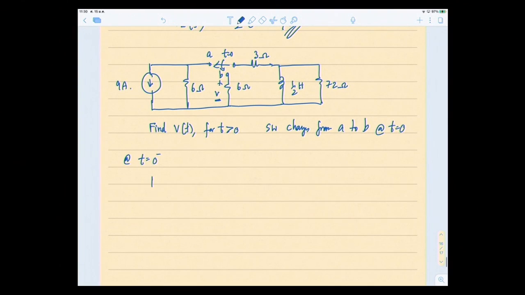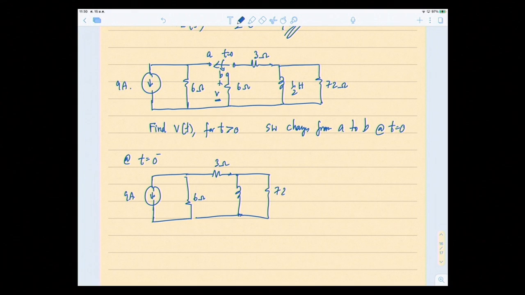Okay, so 9 amp, 6 ohms, the switch is still at point A, so 3 ohms, inductor 72. The problem has been like this for a long time until t equal to 0 minus.